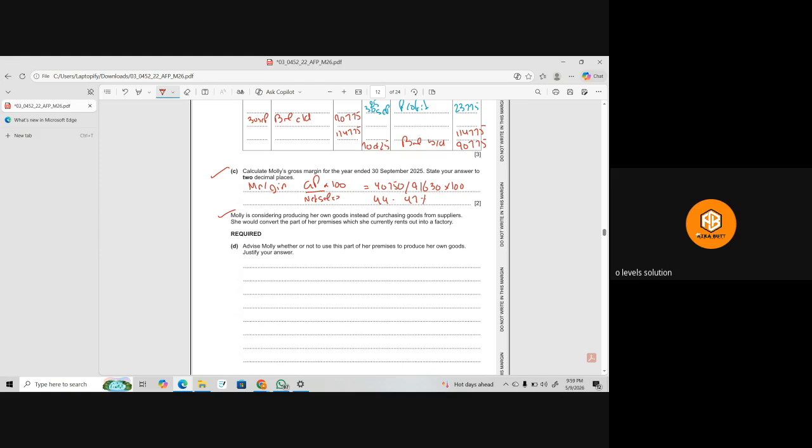Unless projected savings clearly exceed that, you will be losing the rent. So that's why she should not do that. This is my answer, but you can write whatever you think is right.